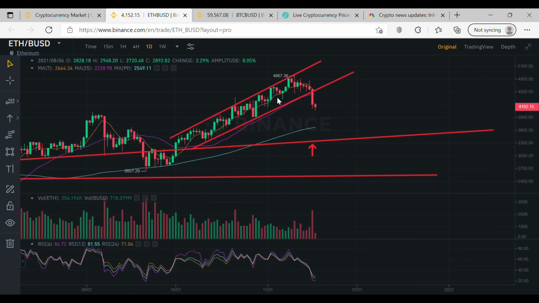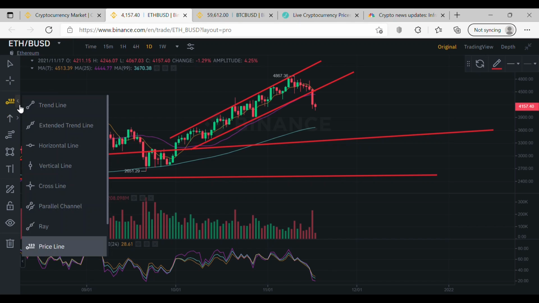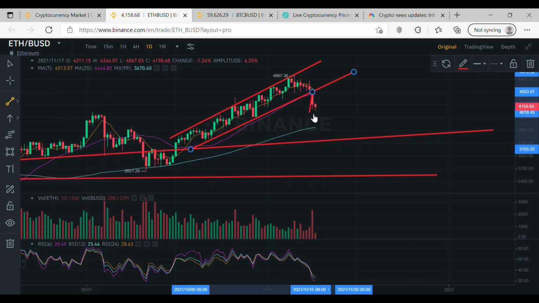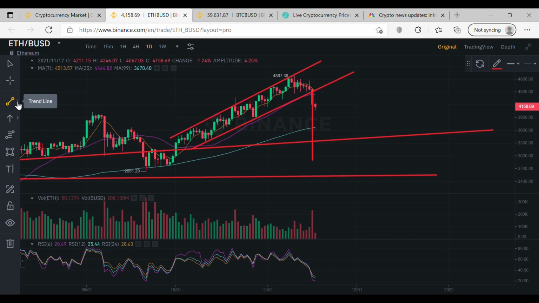The price broke down from this ascending channel, so what we should do is use the Fibonacci numbers to project the most probable support line for this price movement. Okay, so let's do it like this.